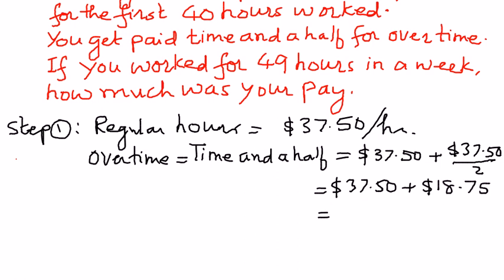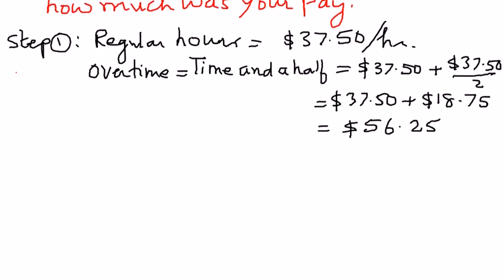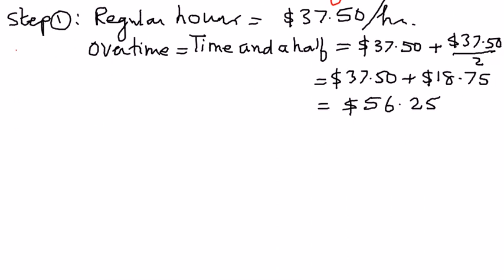When we add these two numbers up, $37.50 plus $18.75, we come up with the value of $56.25. So for our regular hours, we get paid $37.50. For the overtime hours, we should get paid at the rate of $56.25. That is what we have learned from the information provided to us.